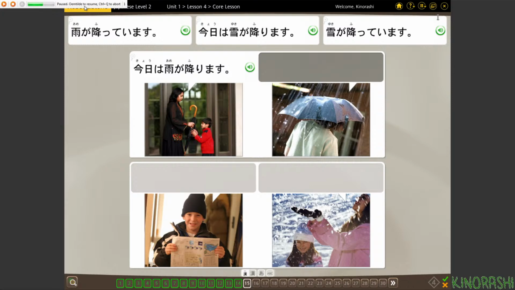Furimasu. It's the one with the B on it. Furimasu.